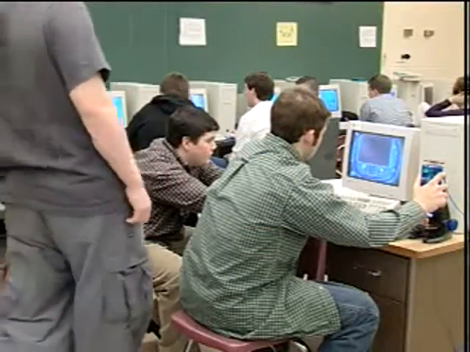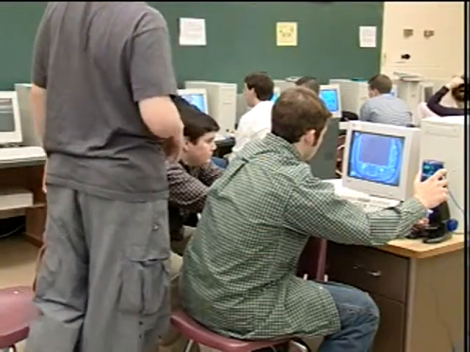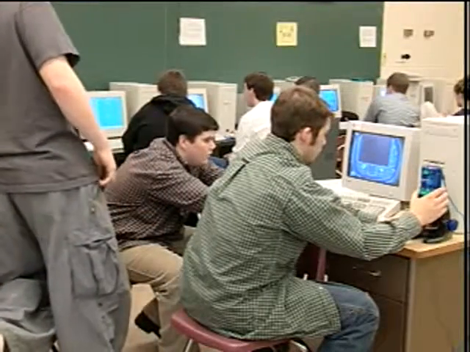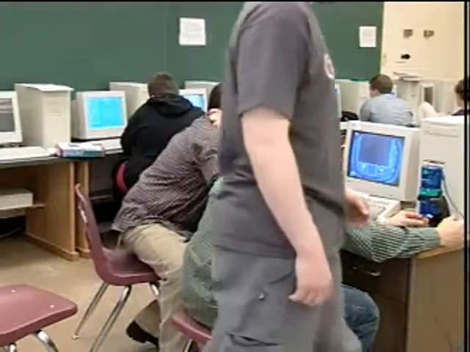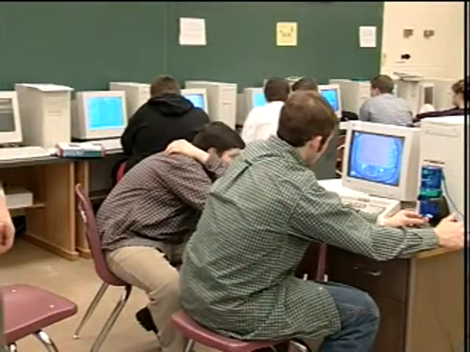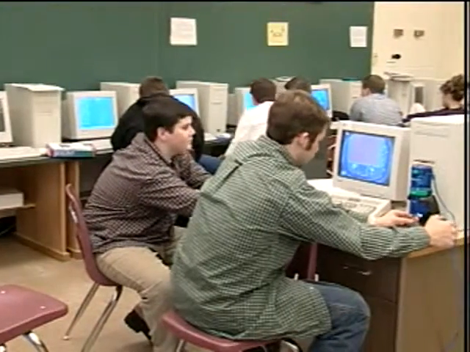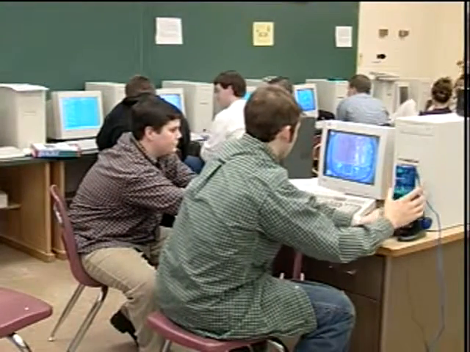The students first learned how to use the equipment to see what the limitations were. And then they went to the computer lab, played with the equipment, and chose a topic that they could actually put a project together in short time.